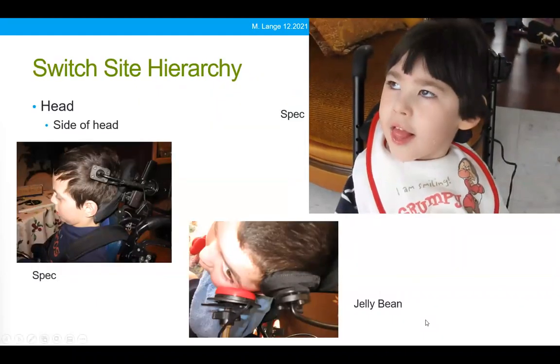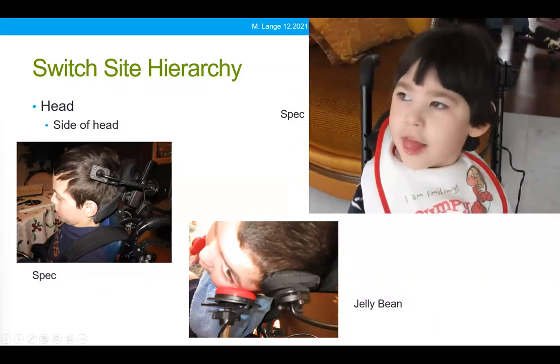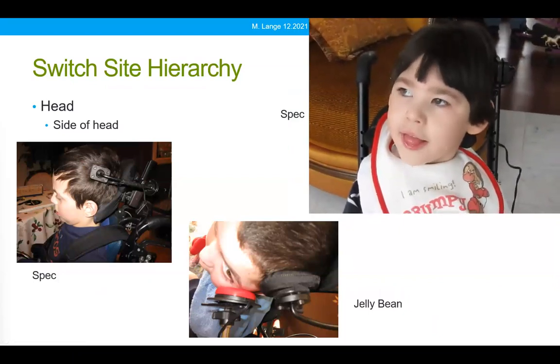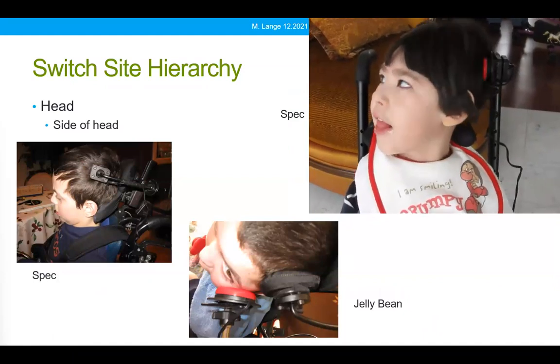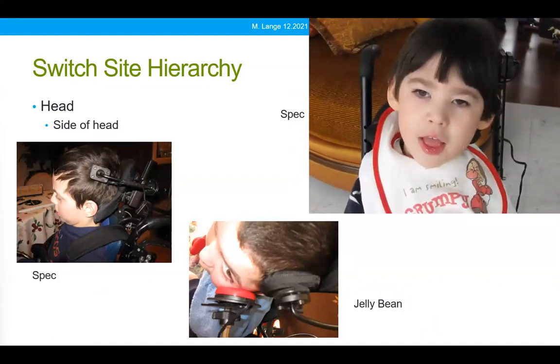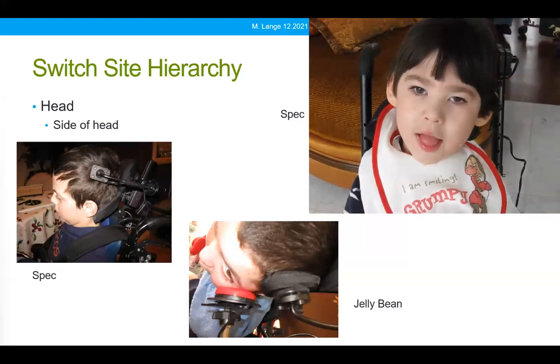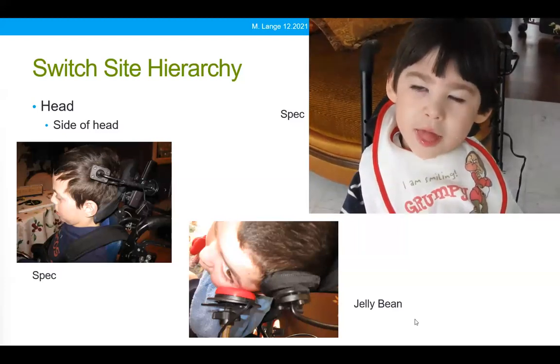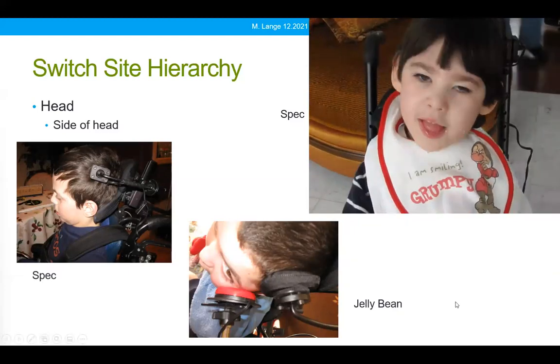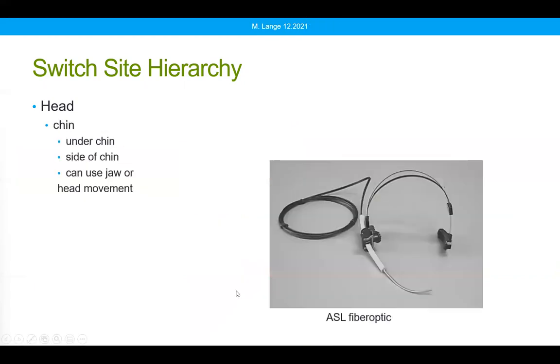Here we have examples of mounting a switch by the side of the head and trying to capture a very small movement. This young man in this video, who's adorable, does not have muscle weakness, but we can place a switch in this location to capture a very small movement, either a mechanical or an electronic switch.